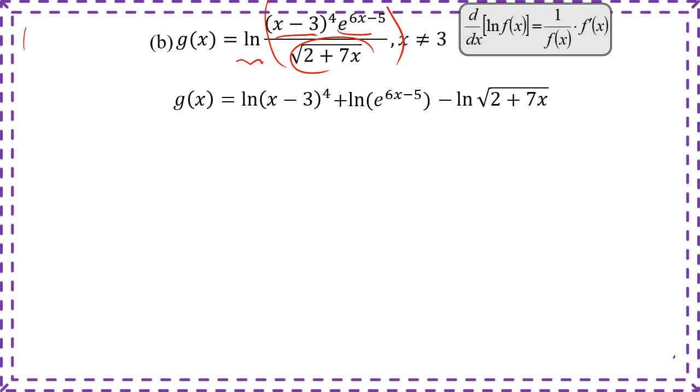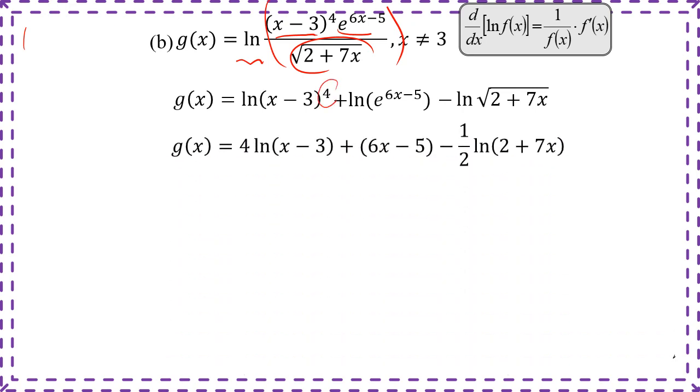Okay, now, before we continue, again, we can apply the law of logarithm. This power 4 will become the coefficient of the log, so 4 times natural log of x minus 3. And then here, natural log of e to the power of 6x minus 5. Natural log is actually log to the base e of e to the power of 6x minus 5.